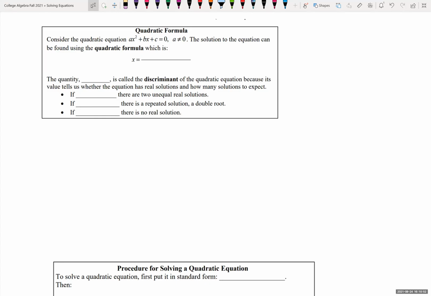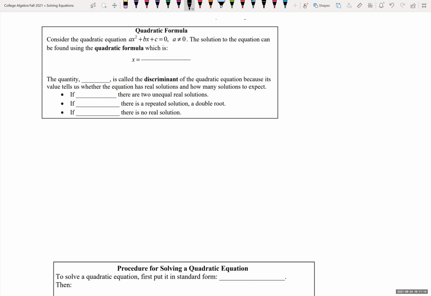So I wanted to go over a couple other things with the quadratic equations and solving. I'm jumping into some of those notes that you can fill in that I had posted on Canvas. We did talk about the quadratic formula, but I want to go in a little more depth with that. So consider the quadratic equation.